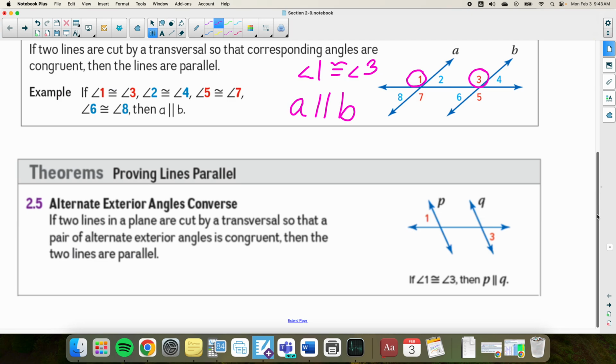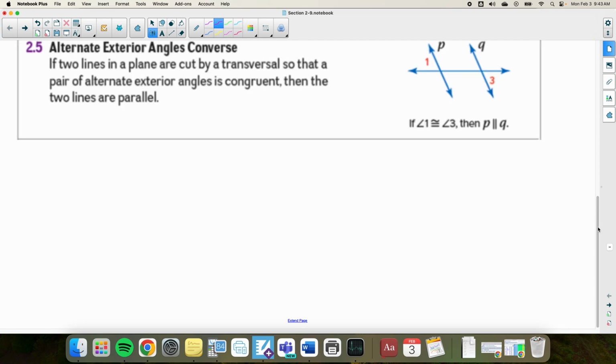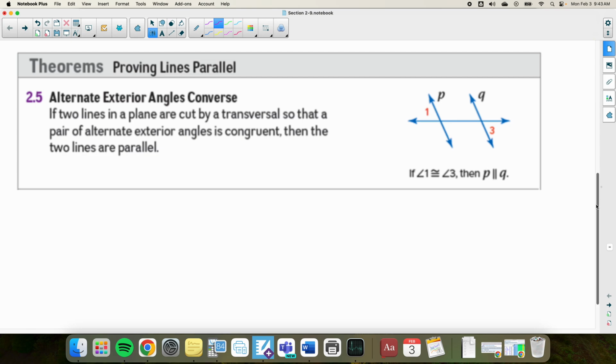Then we have one for alternate exterior angles. And remember, alternate exterior angles also were equal or congruent. So what this is saying is if they ever tell us a pair of alternate exterior angles are congruent, that's enough to say our lines are parallel.